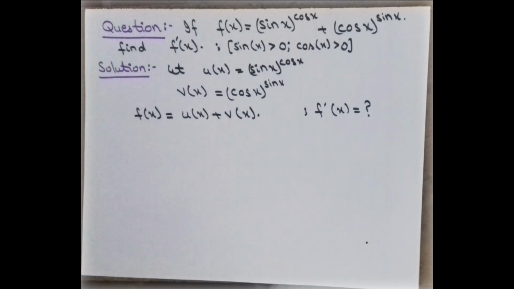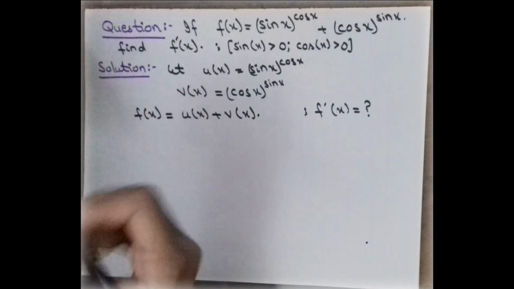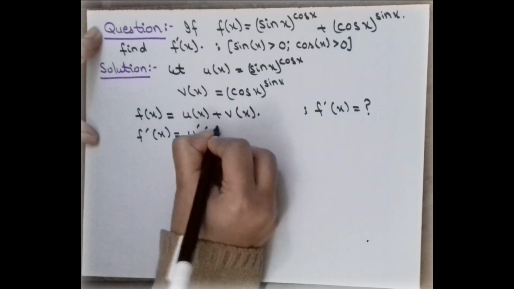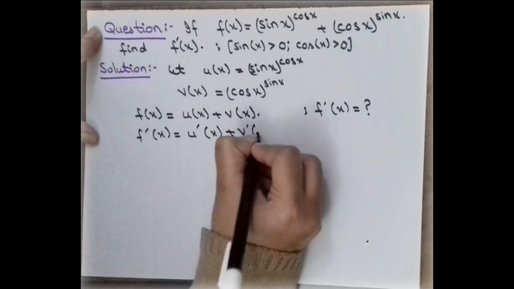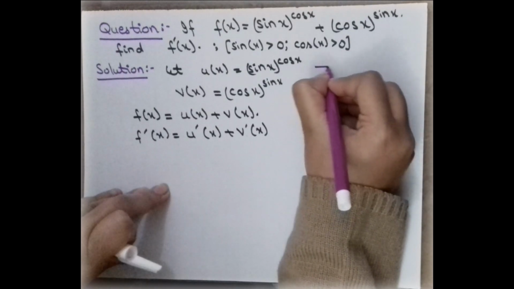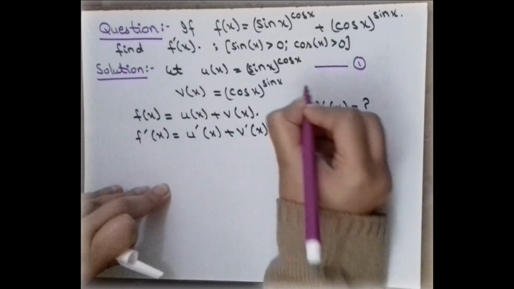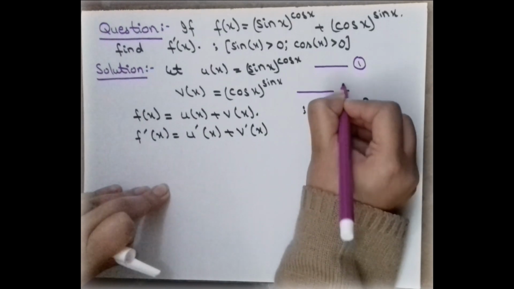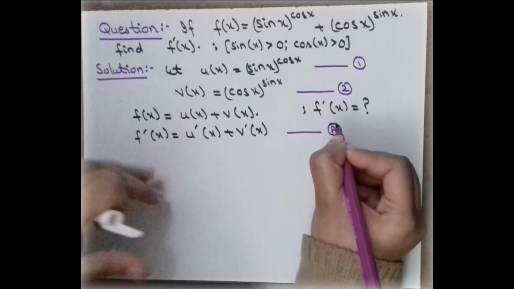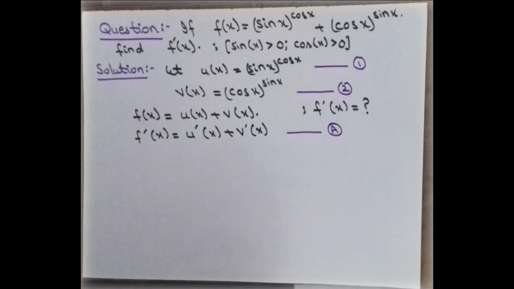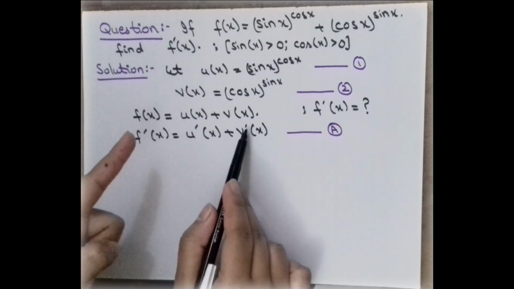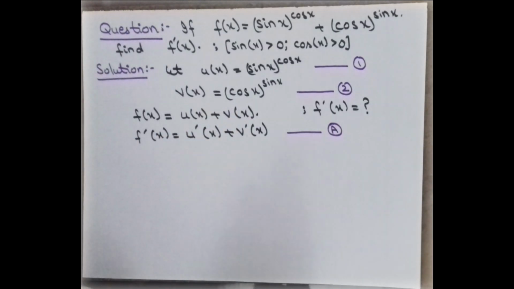So by the rules of derivatives, we apply a derivative to this. Basically we have to find this term. Let's call this the first equation, this the second equation, and this the A equation. Now we need the derivative of u of x and the derivative of v of x.